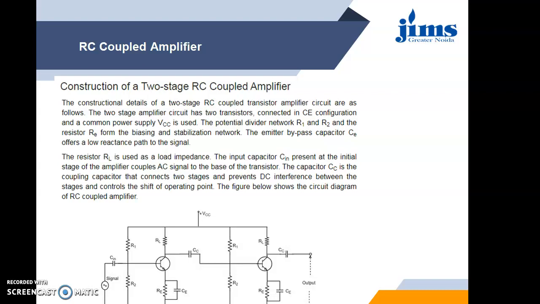Or in decibel scale we can add them: if the two gains are given in decibels, the overall gain will be the addition of the two. In other words, two-stage RC coupled or cascaded amplifiers are used to enhance the gain of an amplifier.